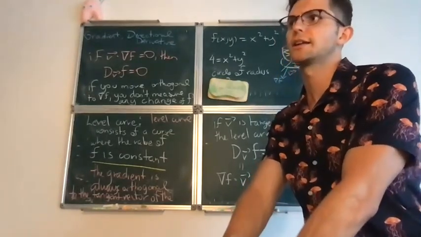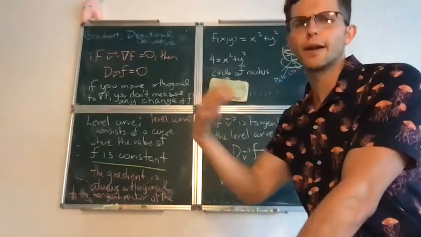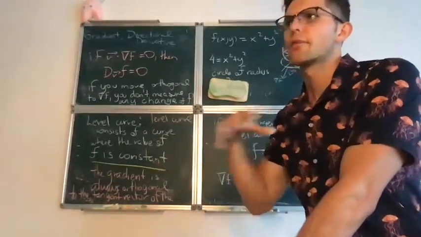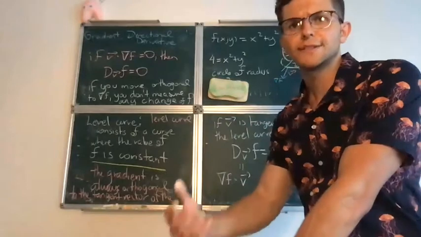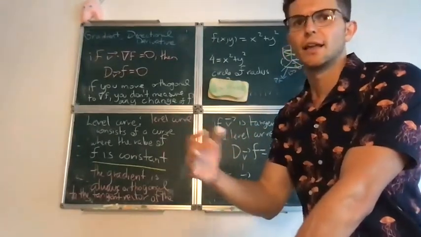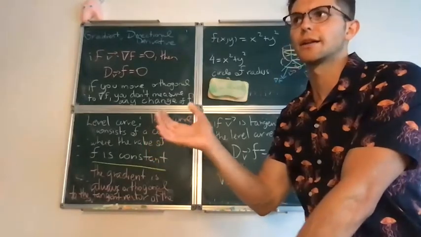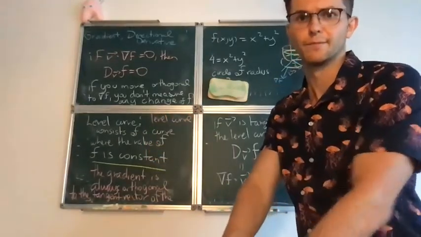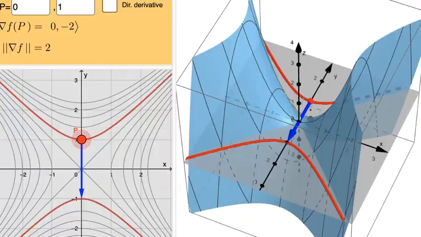So in that case, eventually there will be analogs of all of this, and level curves will be replaced with level surfaces, which are also known, for example, as equipotential surfaces, if you think of your function as being like electric potential or something like that. Okay, so this will illustrate nicely how the gradient is related to the level curves and the directional derivatives.